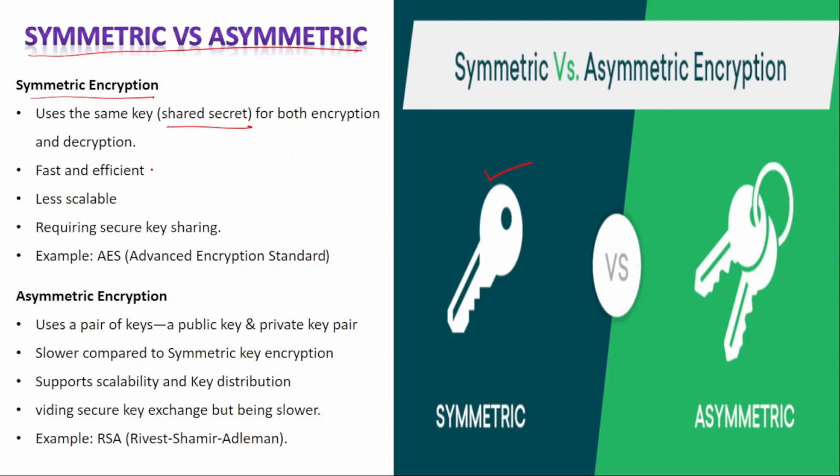It is fast and efficient, since only one key is used for both encryption and decryption. It is less scalable. What does this mean? If there are numerous parties who want to use symmetric key encryption, it is less scalable as compared to asymmetric encryption.